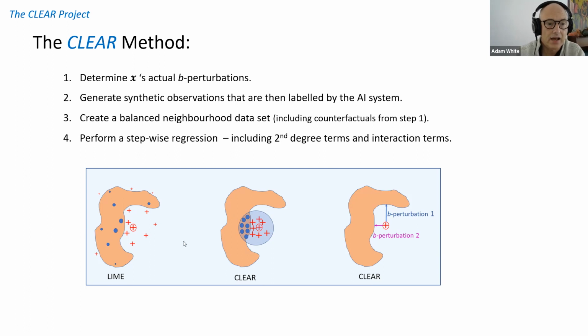So whereas LIME uses all of the dataset and weights it on Euclidean distance, CLEAR just selects those points that are relevant to determining its b-counterfactuals. And this covers the neighborhood from the observation to be explained to points just inside the decision boundary. Okay, a stepwise regression is then performed just on this neighborhood.